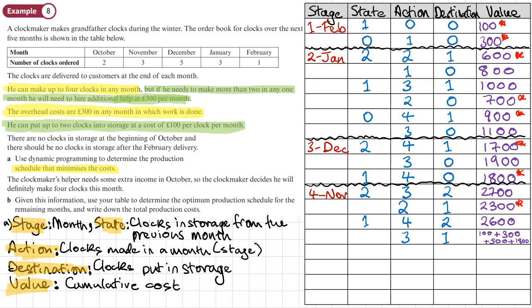Then the last option that we have is that no clocks are in storage from the previous month, and then we can make 4. We can only make 4, a maximum of 4, which means we will have enough for November, but we must pass on 1 to the next month. So this is the last state and option that we have. And with this option, there are no storage costs, but there is overheads and additional costs, 300 and 500.